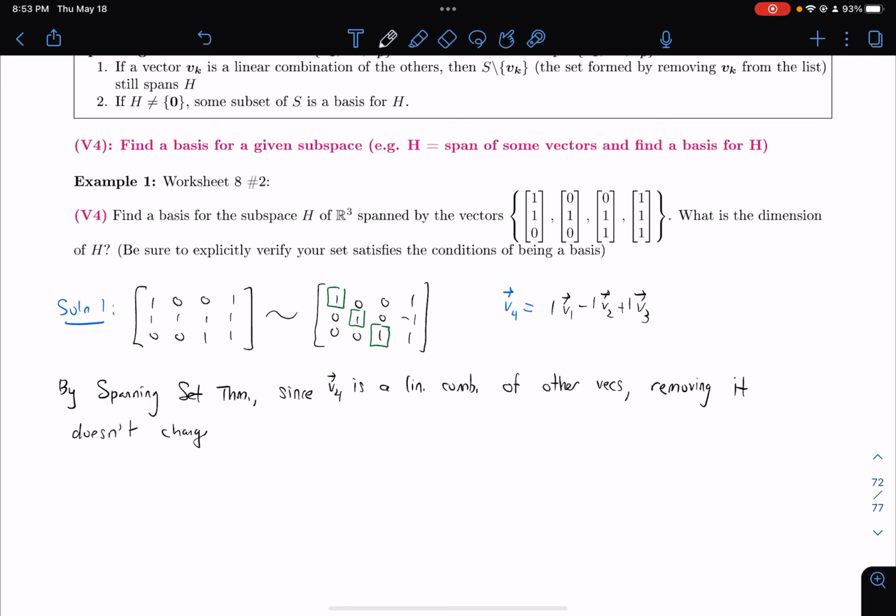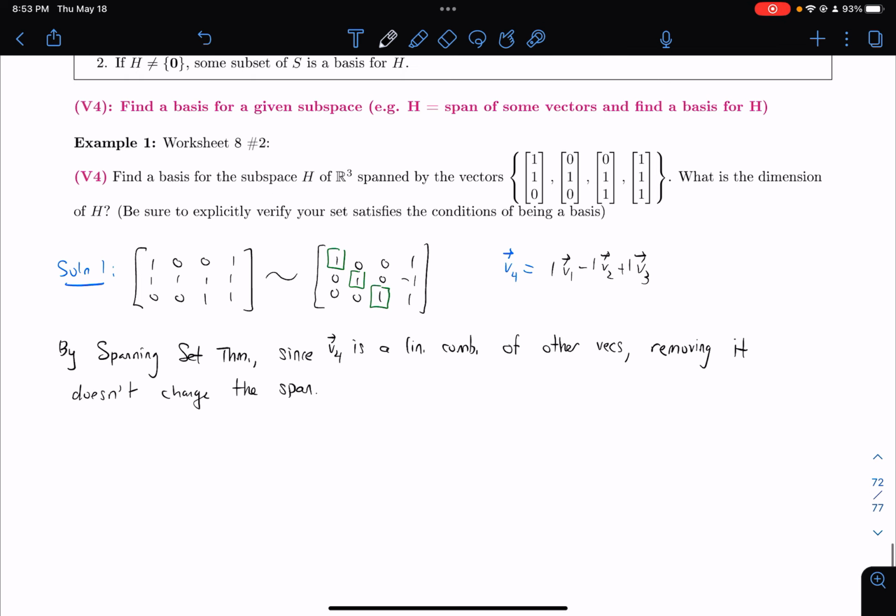Okay, so nice. So that'll leave us with the first three vectors. So let's consider the first three vectors.